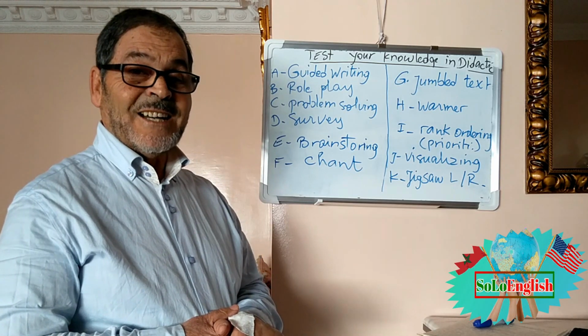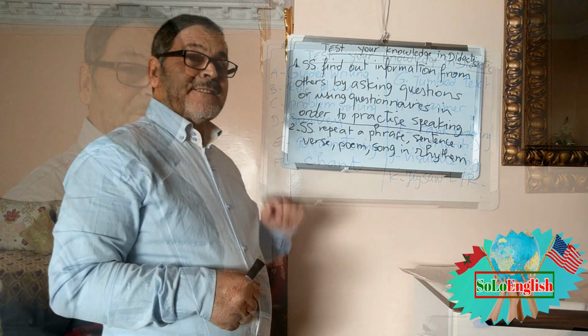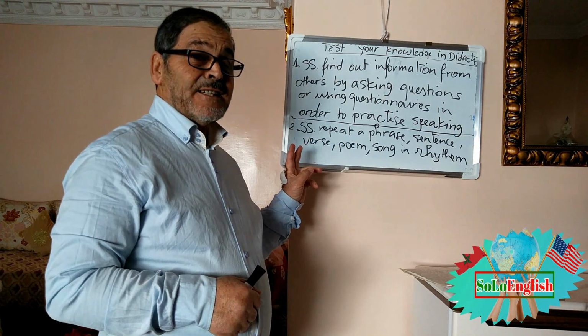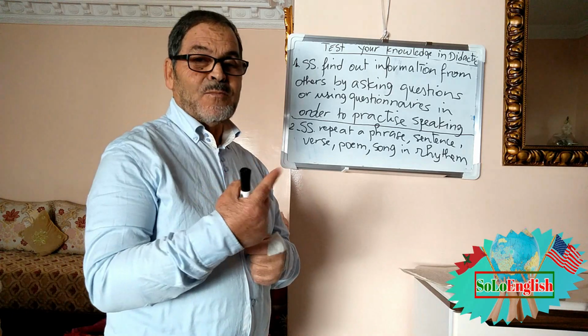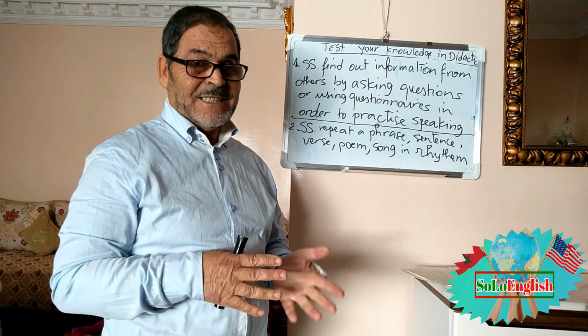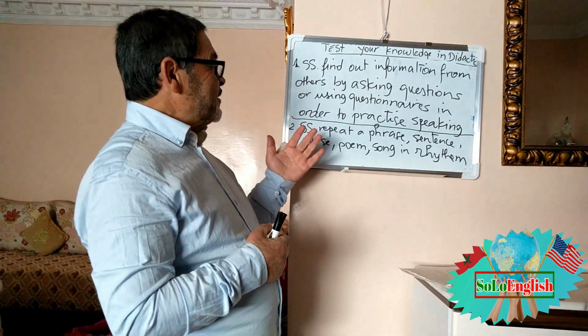Now I clean my tasks and I give you sentences. Look at the sentences. I have two sentences here on the blackboard, and you copy them and match them with A or B or C or D. Let's think of which one is correct.